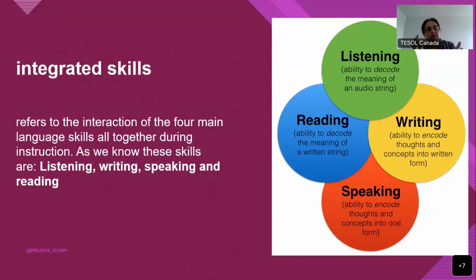Even when your focus is on listening, you get feedback through speaking or writing, or you're working on writing, but they need to listen to something or read something to write about it. So that's integrated skills. It's impossible to teach one skill solo. Is that clear to everyone?